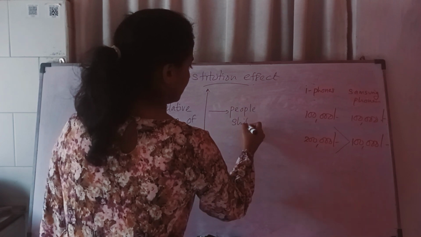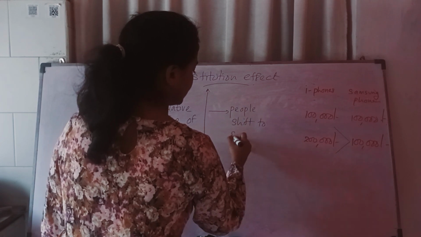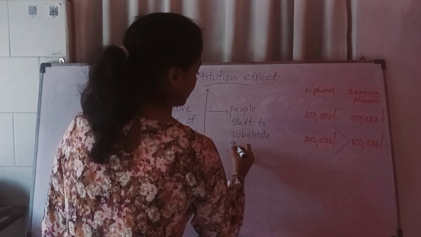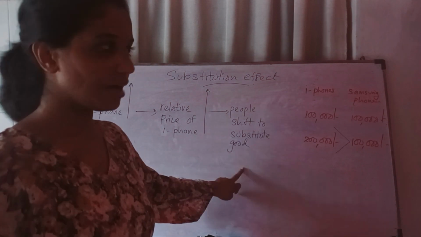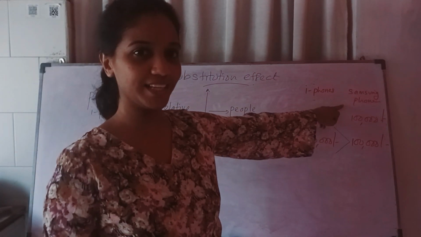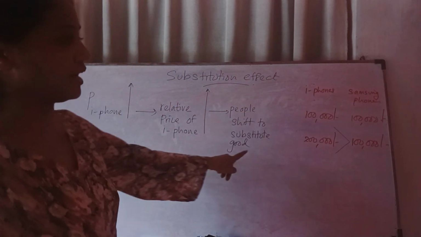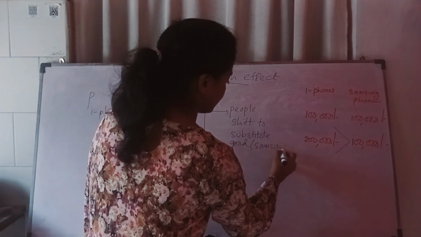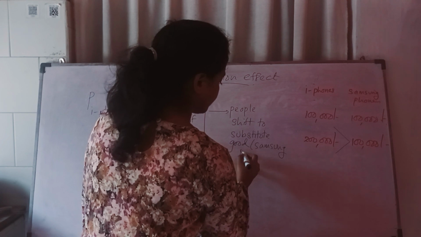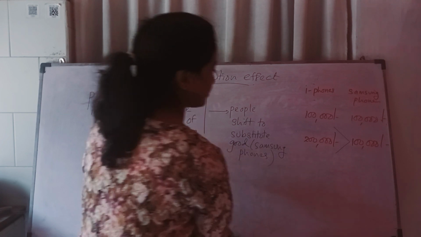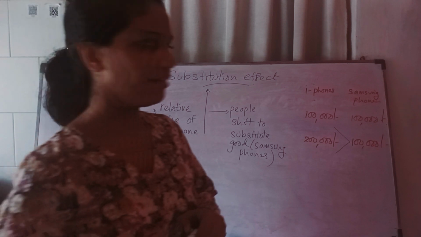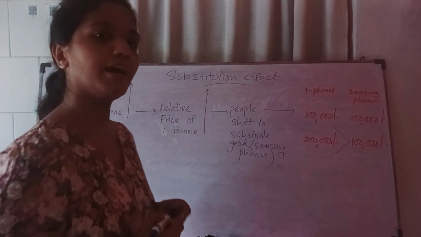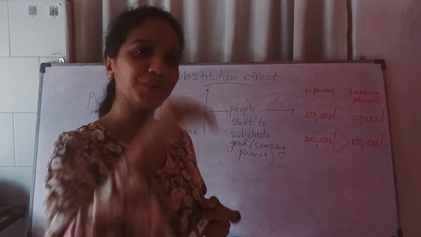People shift to the substitute good. According to our example, what is our substitute good? Samsung phones, right? People shift to Samsung phones. Which means, what happened to the quantity demand of iPhones? It reduces.